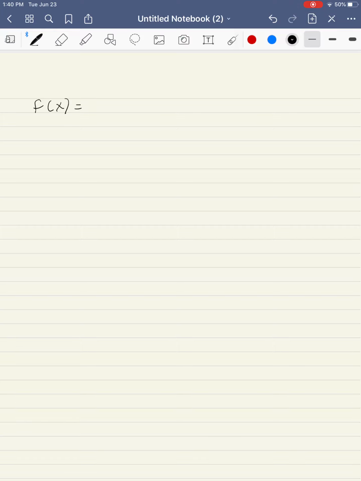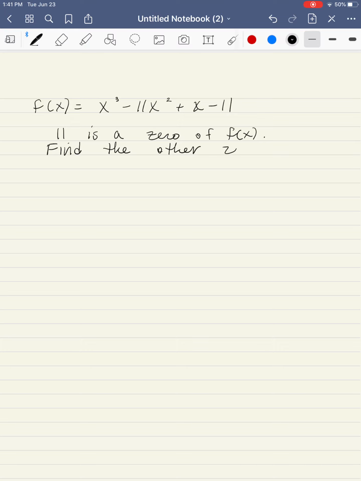All right, let's do another problem here. Let's say that I have f of x is equal to x cubed minus 11x squared plus x minus 11. And I tell you that 11 is a 0 of f of x.